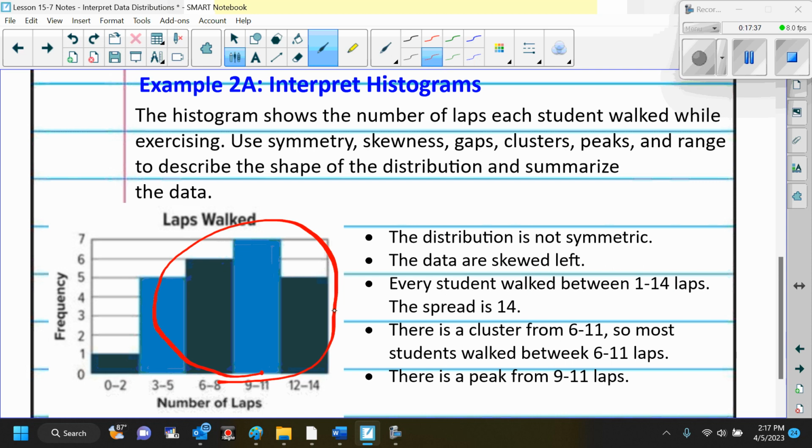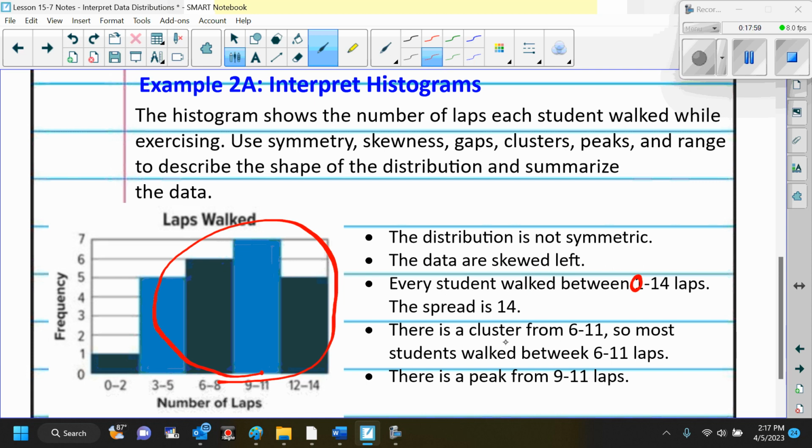I think because we go all the way, this is 0 to 2, 0, 1, 2, you see? So who knows, we could have somebody who walked 0 laps, right? So I'm going to change this to 0 to 14 laps, okay? And of course, the spread is 14, okay?